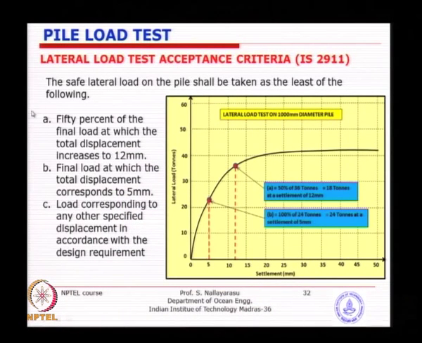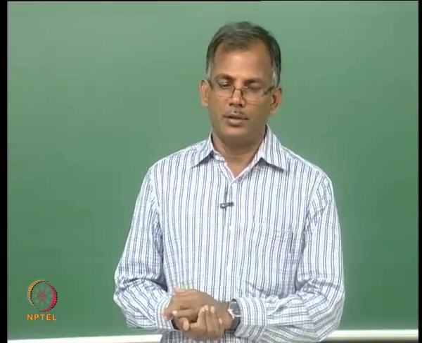So, that is the thing, that we need to have a decision making process. Just doing a load test alone will not be good enough, you do not know what to do with that. So, what you need is the demarcation, what will be an acceptable displacement for that particular type of structure, and the applicable code in force.